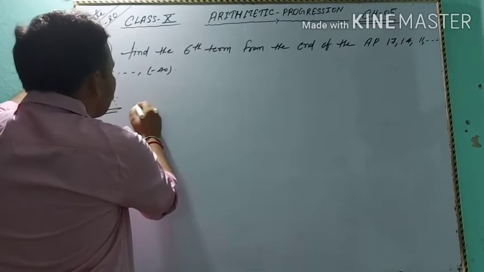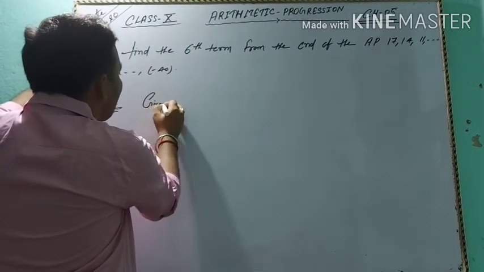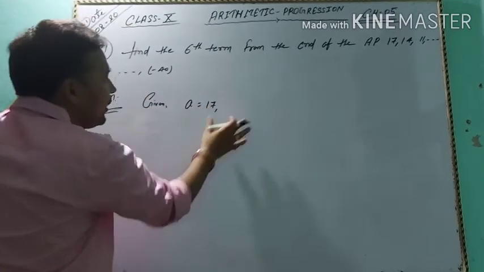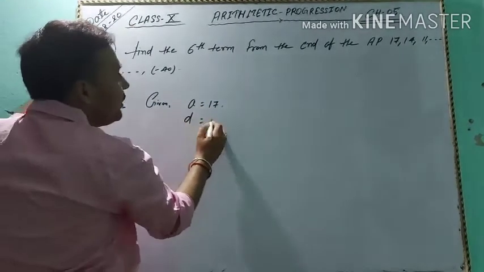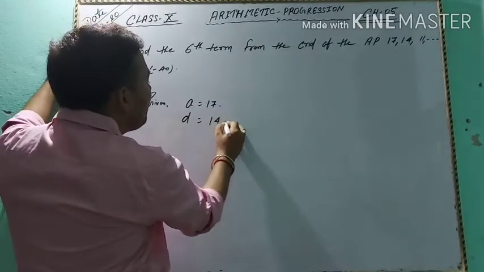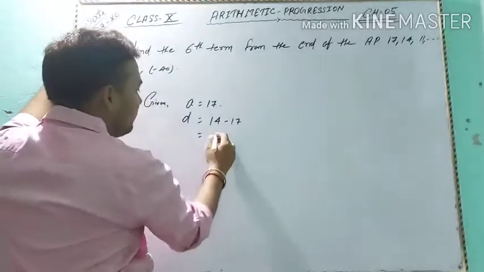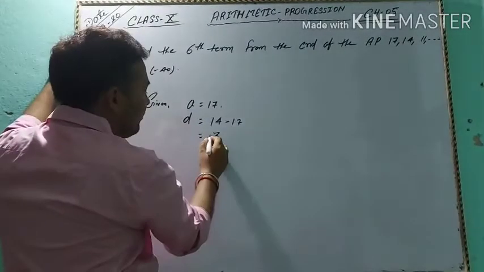Here given a equal to 17, and d equal to 14 minus 17, that is minus 3.